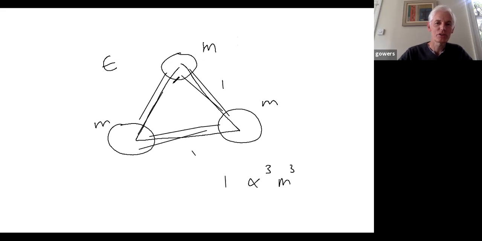And the dependence turns out to be really extremely bad. How big does the number of blobs have to be? That's not m, that's k.